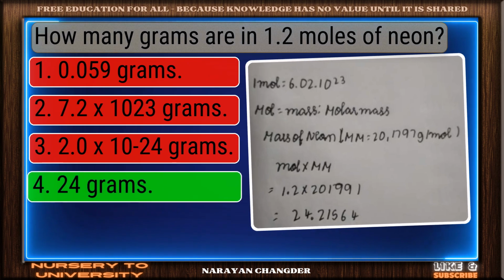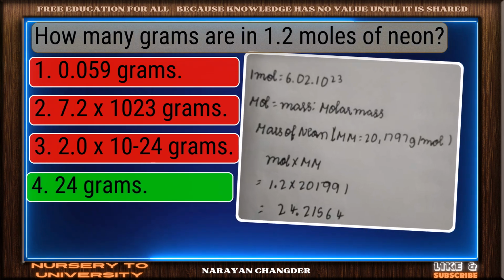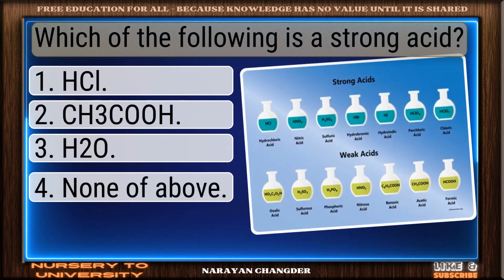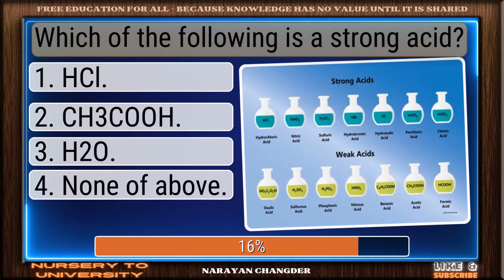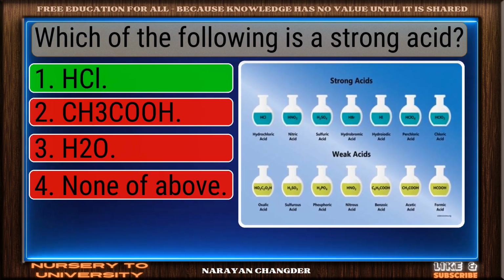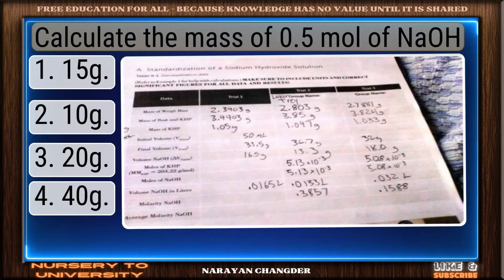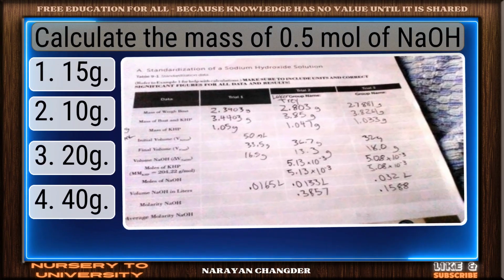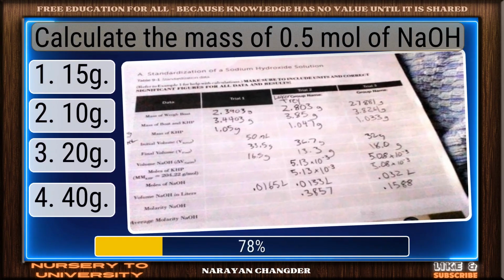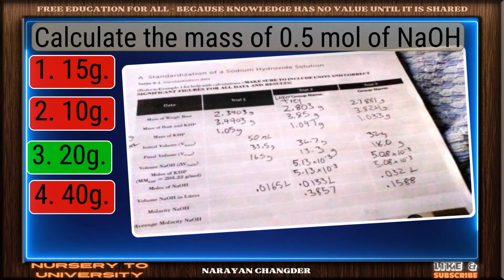Smart pick. 24 grams is the correct choice. Which of the following is a strong acid? Right choice. HCl is the best answer. Calculate the mass of 0.5 mole of NaOH. Valid point, 20 is true.